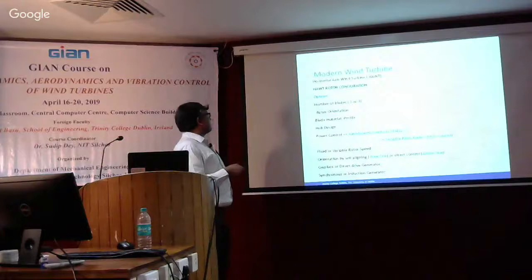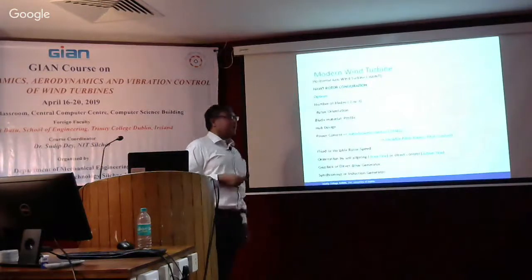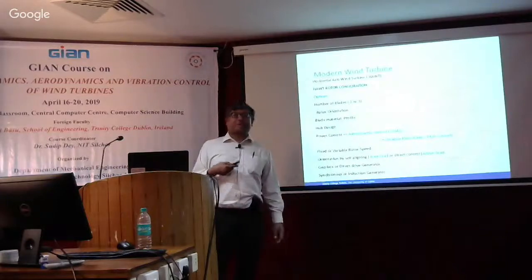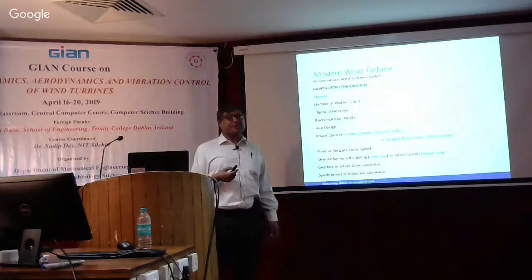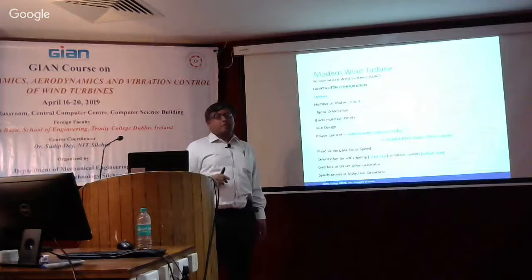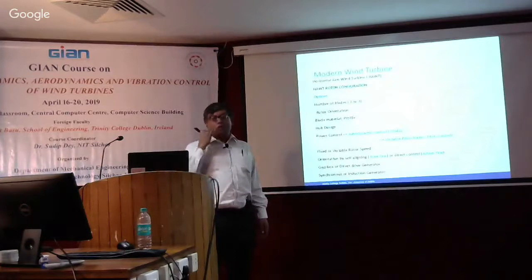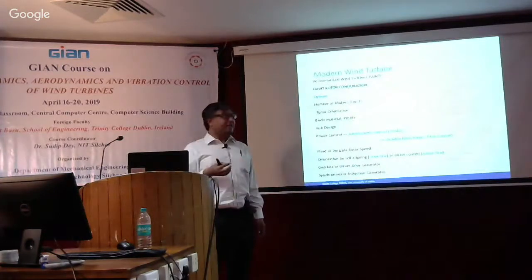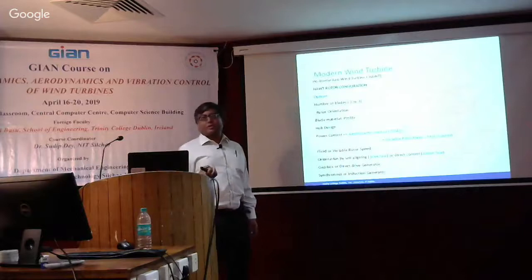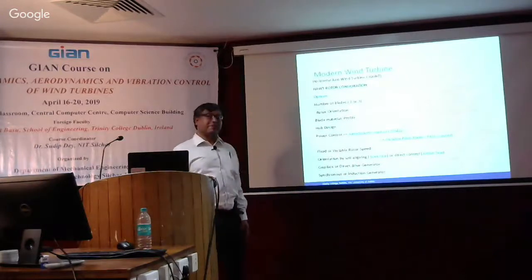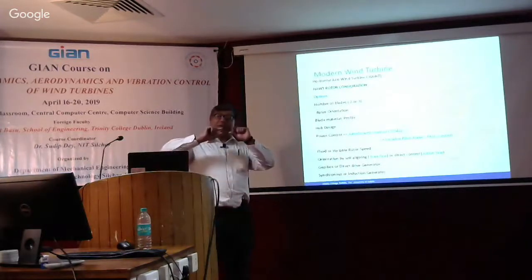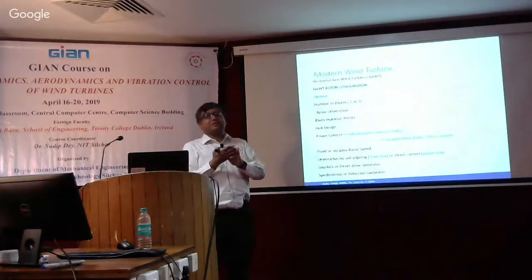Now, blades are usually made of composites, fiber reinforced composites in laminate form. But companies are now trying to make them differently, because with laminates, delamination is a problem. So they're trying a single shot design, meaning that instead of laminates, everything is made together, so delamination can be avoided.